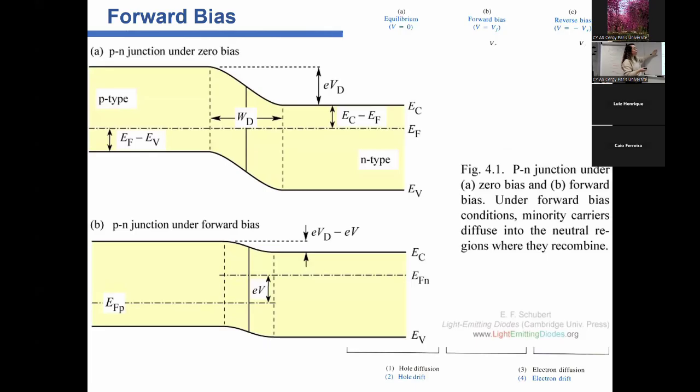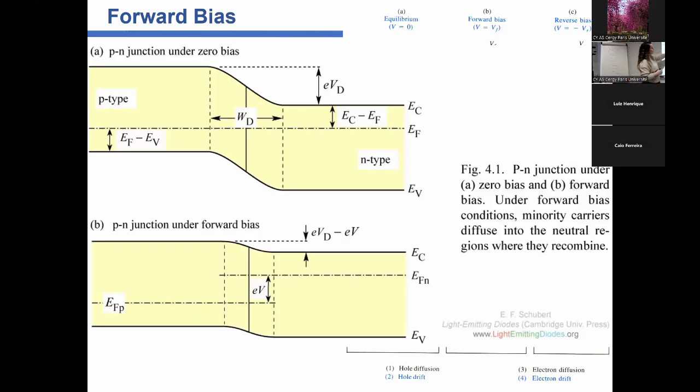continue on the forward. This is another draft that I put just in case there are some questions, but you can see here what I showed: the depletion width is low, is sharp, and also the difference between the conduction band of the two materials will be flat depending on the potential that we are applying.